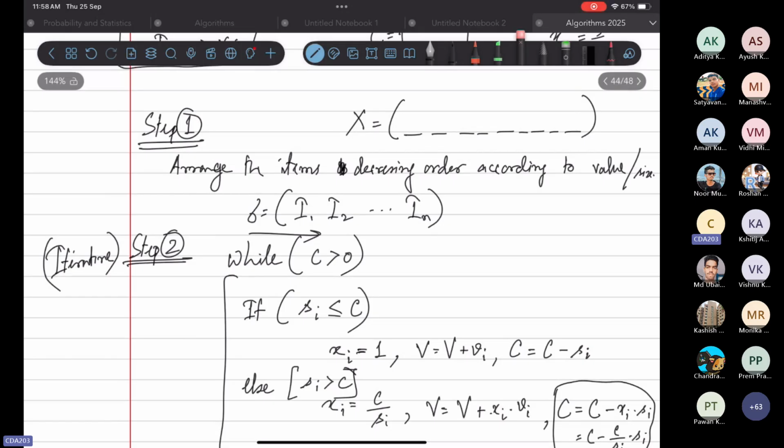For the first item, either I'm taking some fraction of it or the whole item. Suppose I'm taking some fraction of this first item, let's say 0.7 fraction I'm choosing. Can I take any fraction of the second item?